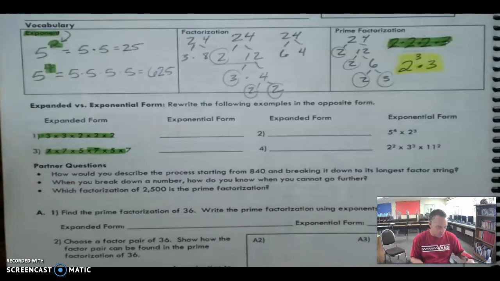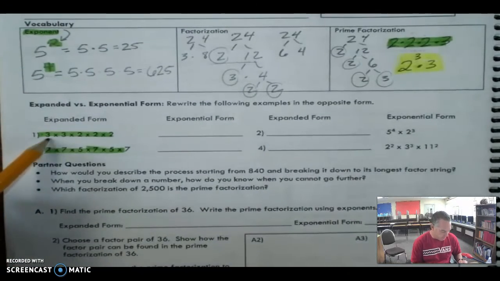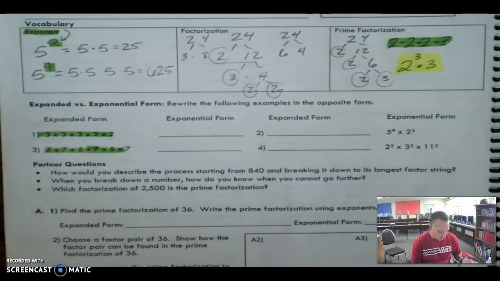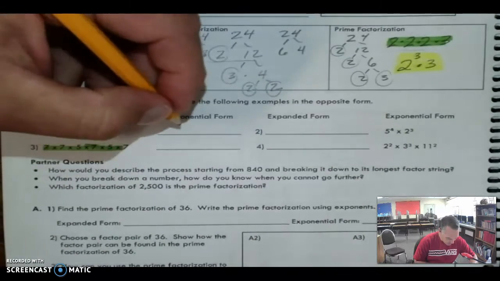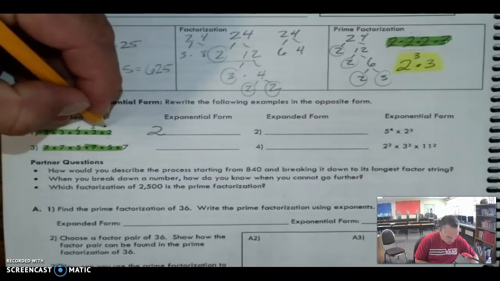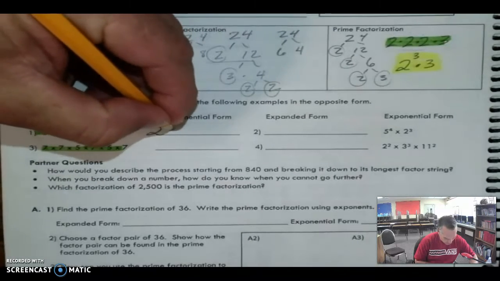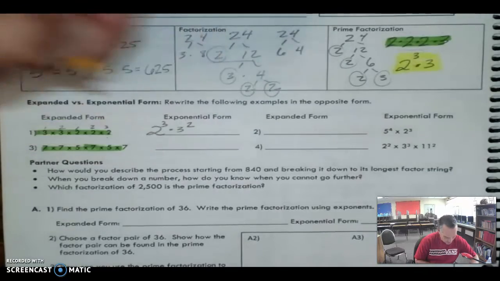Very easy. For expanded form, you write it all the way out, like 3 times 3 times 2 times 2 times 2. Exponential form is going to be 2 to the third power times 3 to the second power.